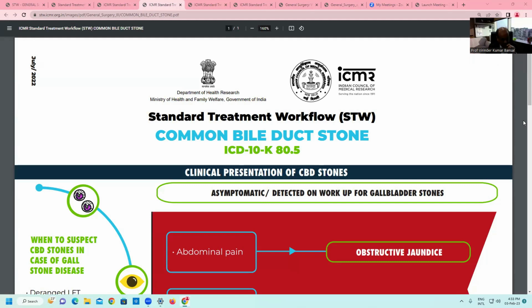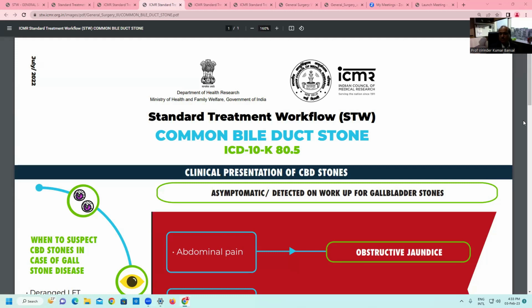Basically, these standard treatment workflows are not for people working in tertiary care institutes or even in the medical colleges. These STWs are meant for the physicians and surgeons working in smaller setups, smaller hospitals, and for the management of emergencies, and to some extent for the medical colleges and bigger hospitals, say district hospitals like the civil hospitals, to make the treatment standardized across all the country and to be a standard of care for the management of these common conditions.